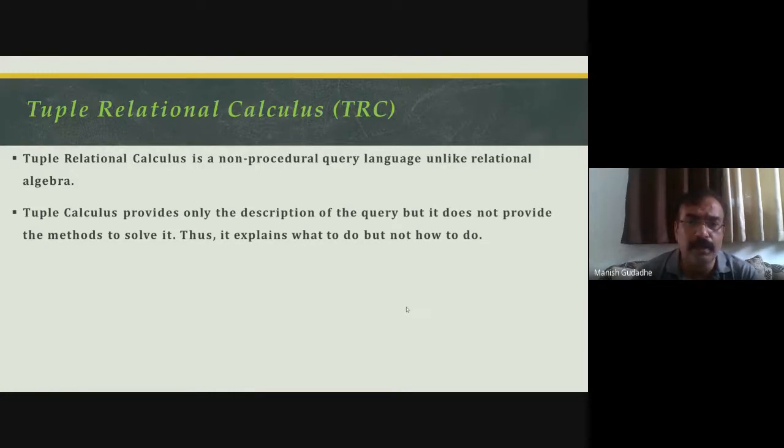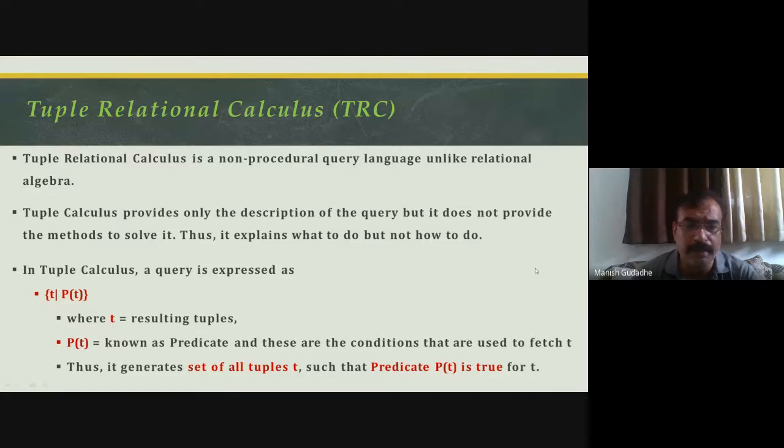And if we are recalling relational algebra, that was a method of representing the query in a mathematical or algebraic expression format. Here also we are generating an expression which will be in the predicate format.